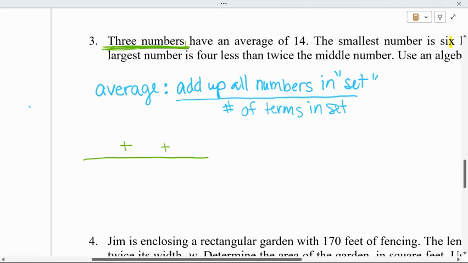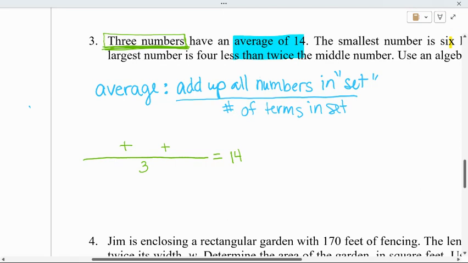You divide by the number of terms that you add together. So I'm going to have to divide by 3. So if I add these 3 numbers together and divide by 3, what does it say their average is? It's 14. So this has to equal 14.